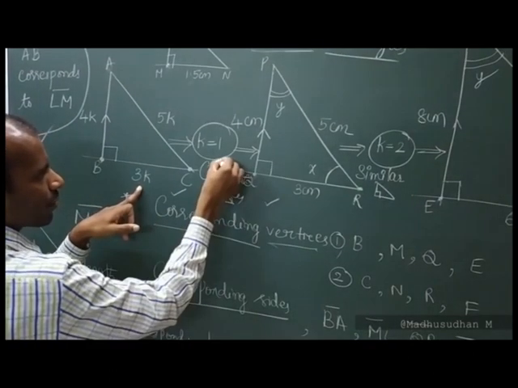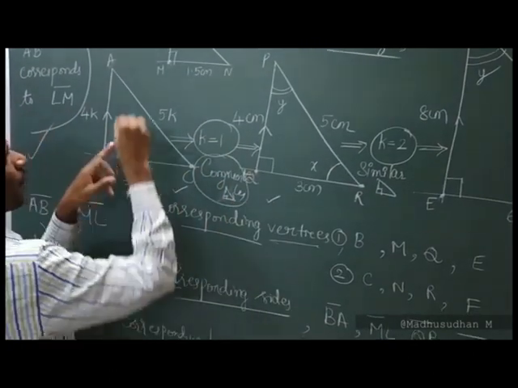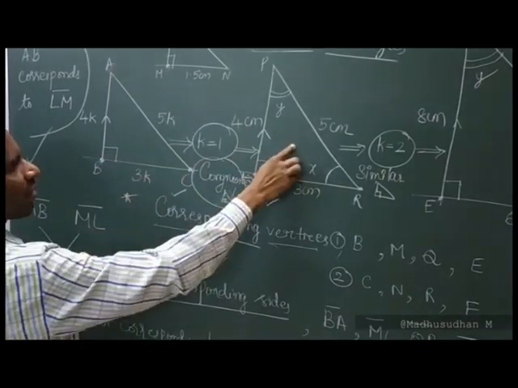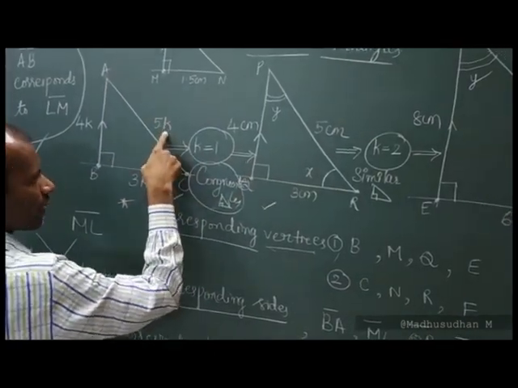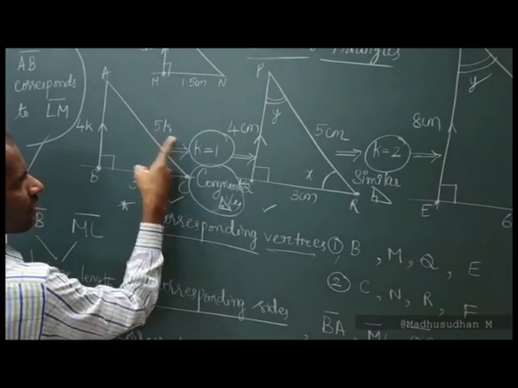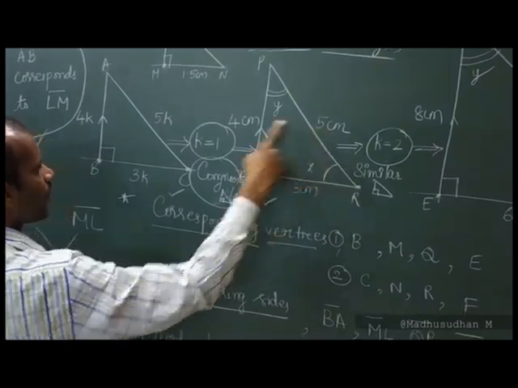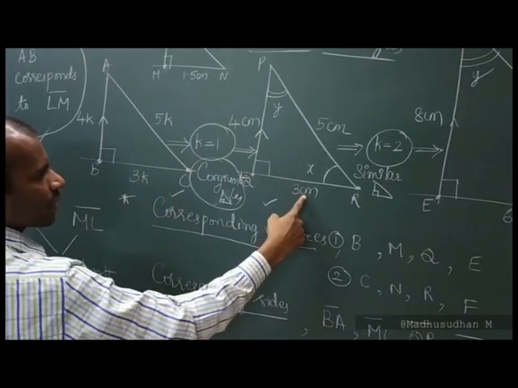Followed it? So what is the meaning of congruence? They're exactly identical, right? When K is exactly equal to 1 here, 5 ones is exactly 5 here, 3 ones is exactly 3 here.